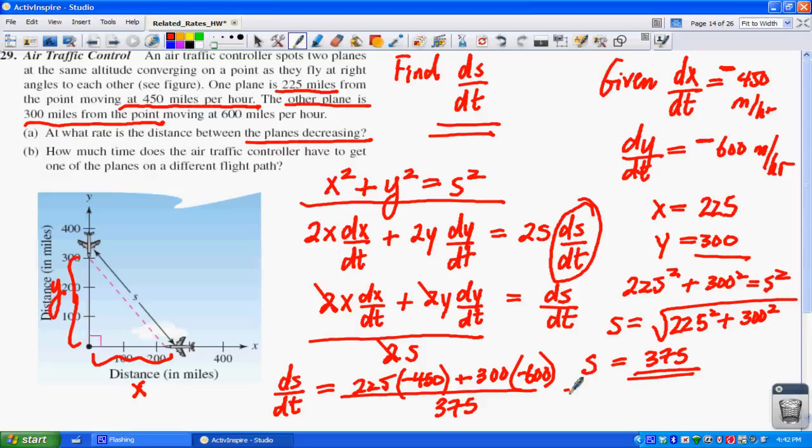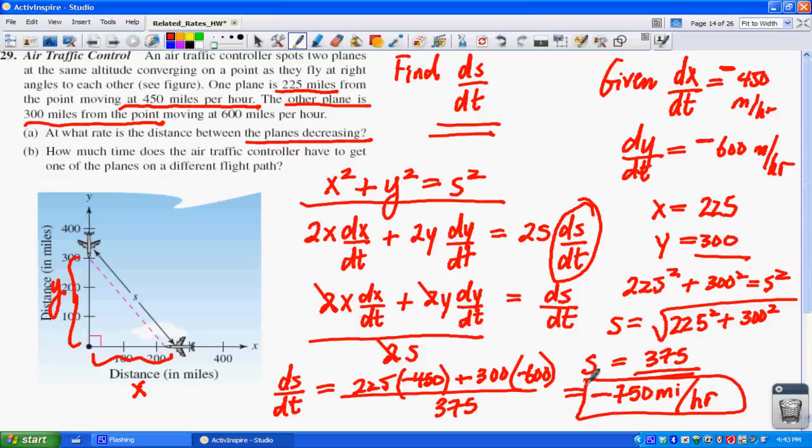Then you put all of that good stuff in your calculator, which I won't do because I don't have the time, but it should work out to be negative 750 miles per hour, according to the solutions manual. So I hope that was right, because I didn't even check it myself, but I know you guys will.